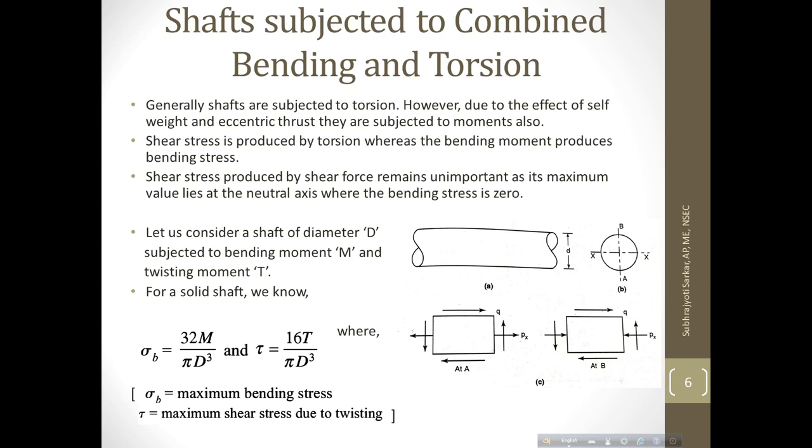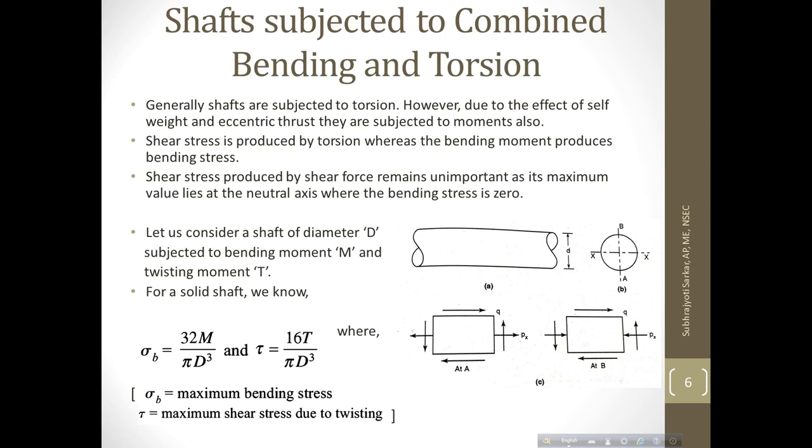We know that the bending stress varies linearly with y, where y is the distance from the neutral axis. That is, as much as we go away from the neutral axis, the value of the bending stress increases. So the maximum bending stress occurs on the circumference, which is the farthest distance from the neutral axis.